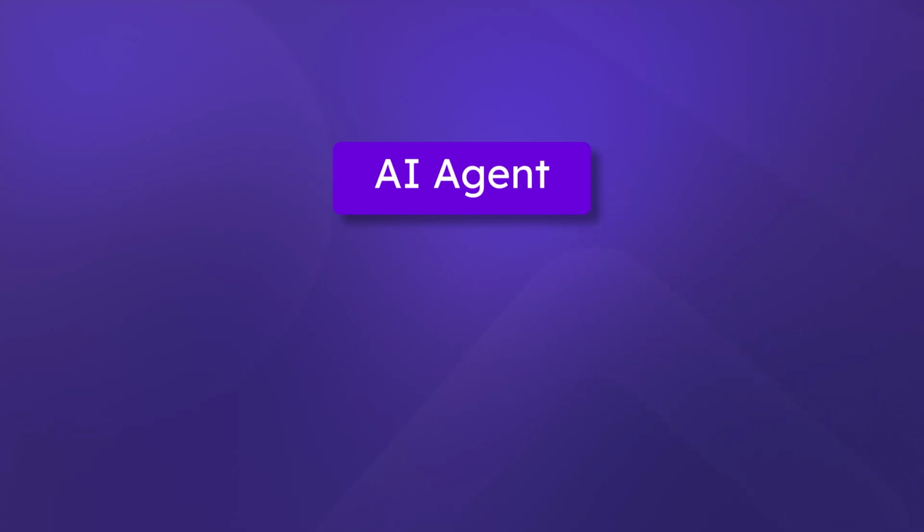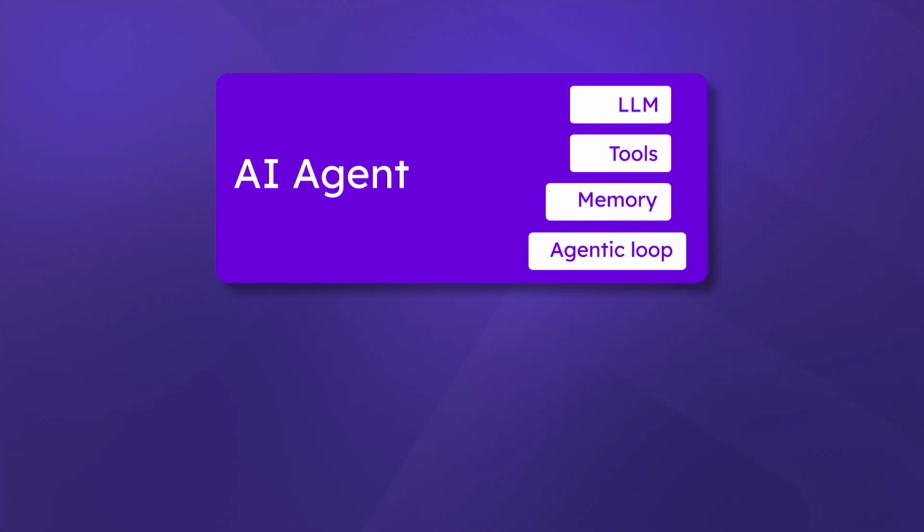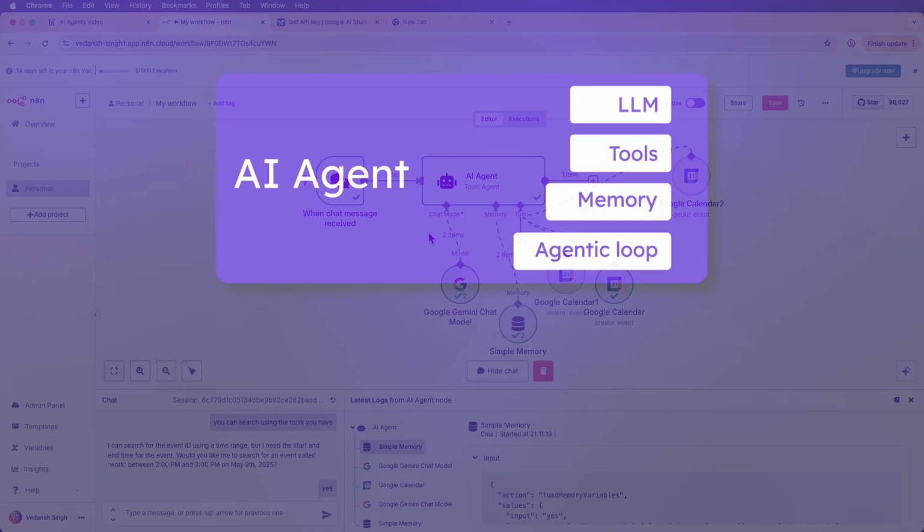Then we moved forward to compare the difference between AI workflows and AI agents, and then we built an AI agent for Google Calendar using N8N, and then we looked at the best practices for creating AI agents. Hope you have picked up something valuable today and are excited about building your own AI agents.